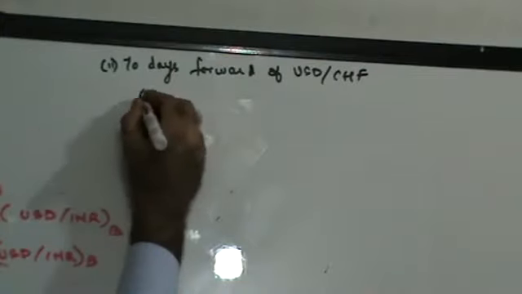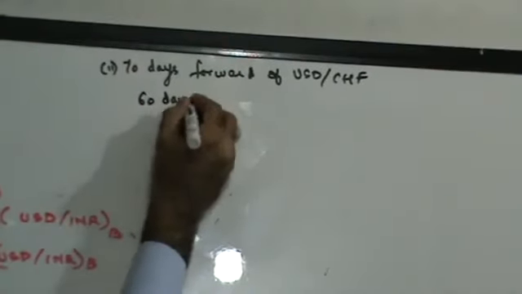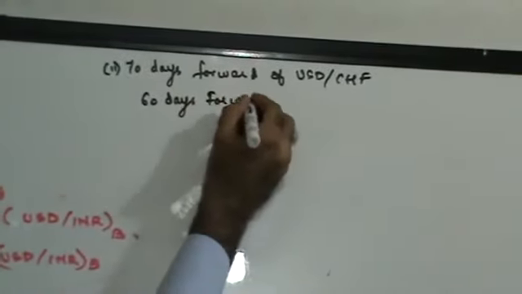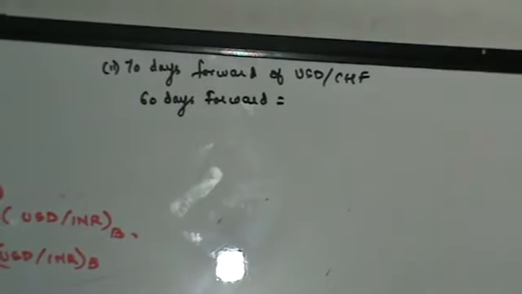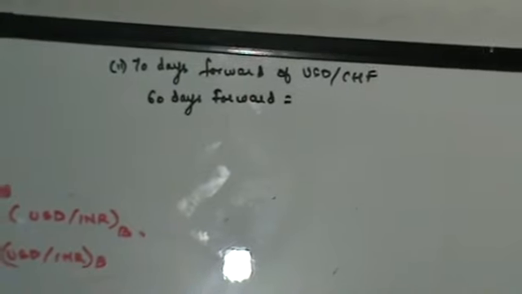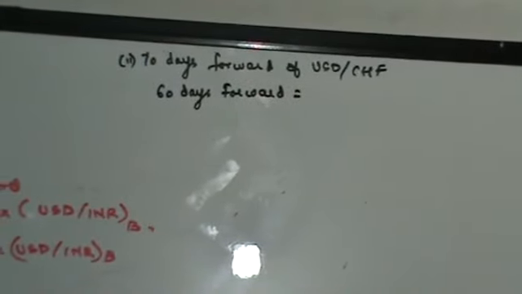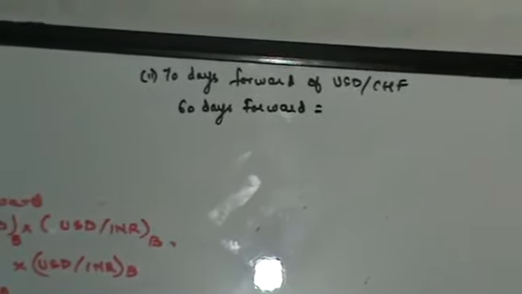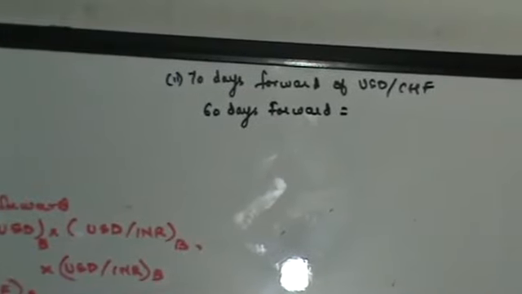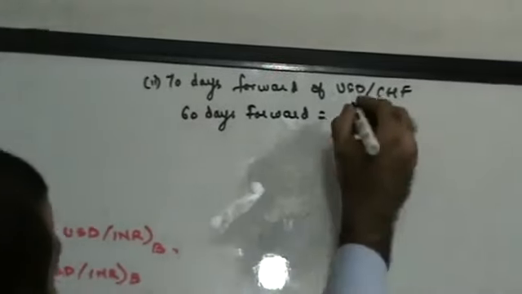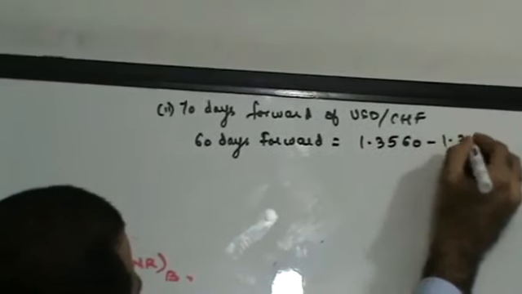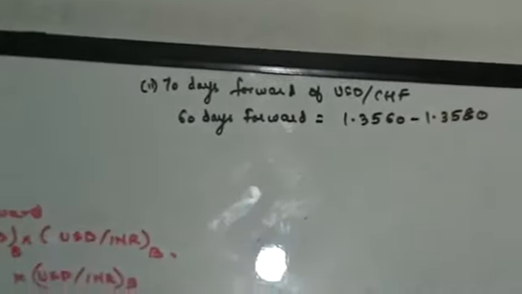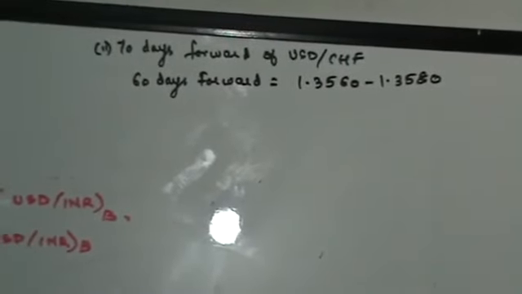So first I need to find out the 60 days forward rate, which is the 2 months forward rate for USD CHF. For USD CHF, the 60 days forward rate we have already calculated as 1.3560, 1.3580, right? I want 70 days.